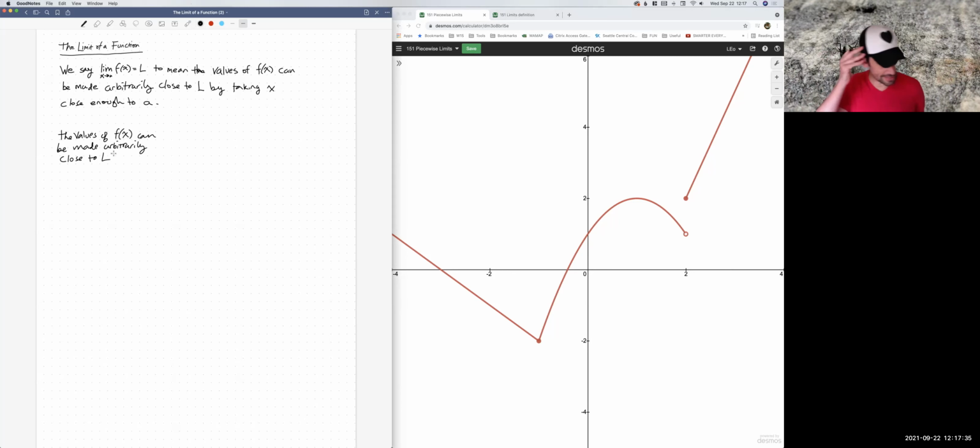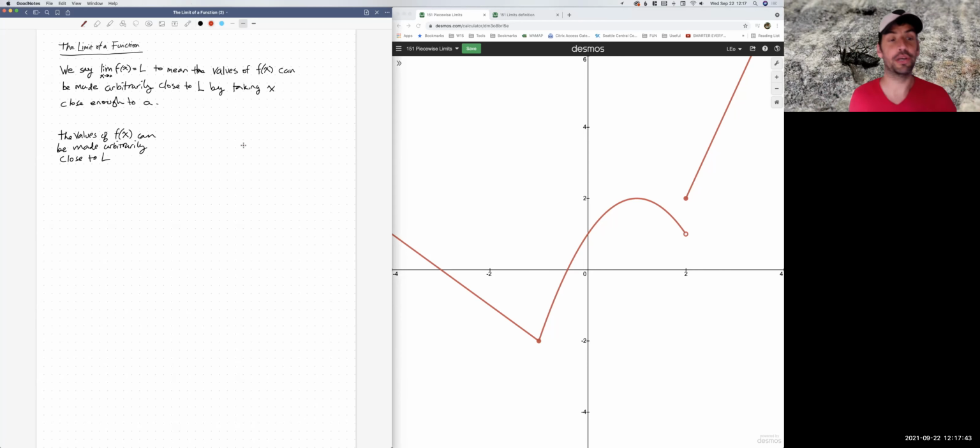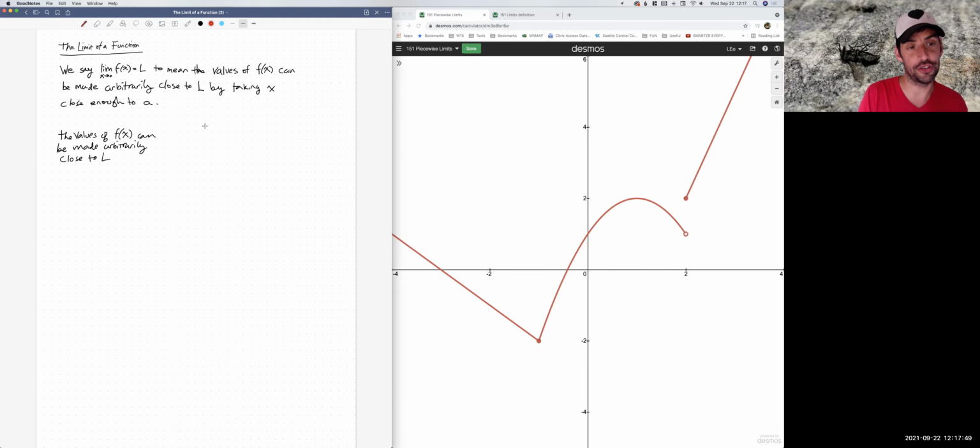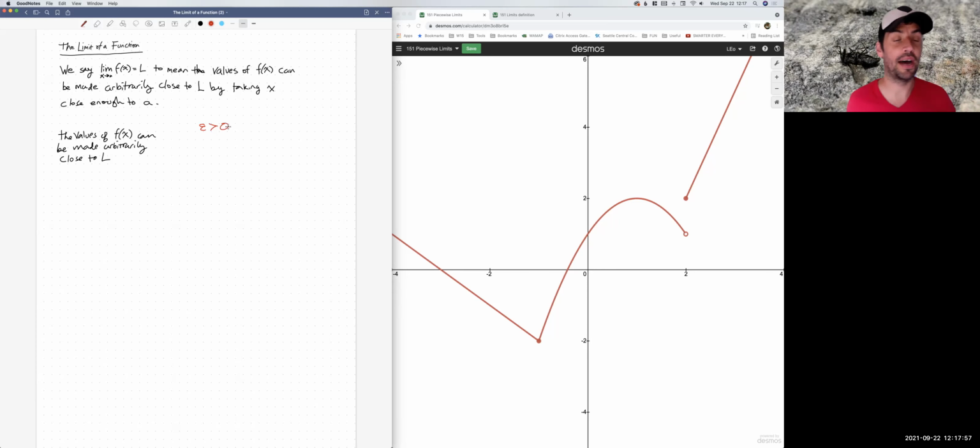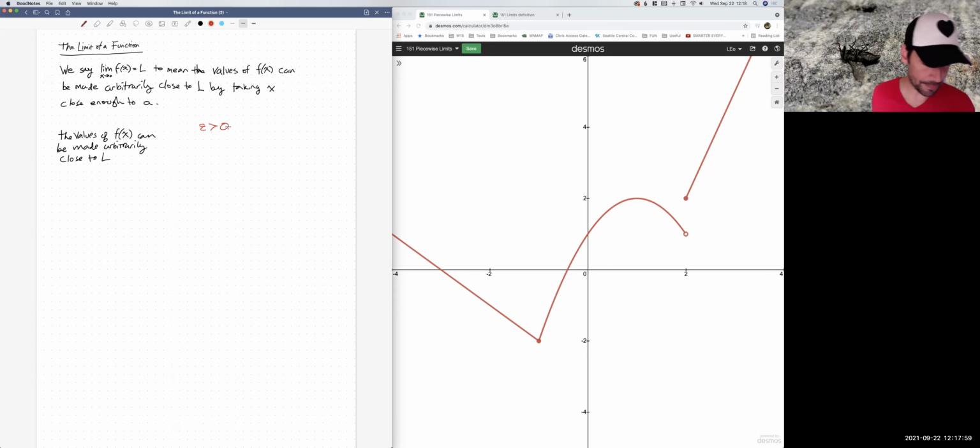So maybe let's say this in a more mathematical way. Arbitrarily close to L, here's a typical way to say that mathematically. We'll take a number that we traditionally use the symbol epsilon for. It's a Greek letter, and epsilon is just some positive number, okay?